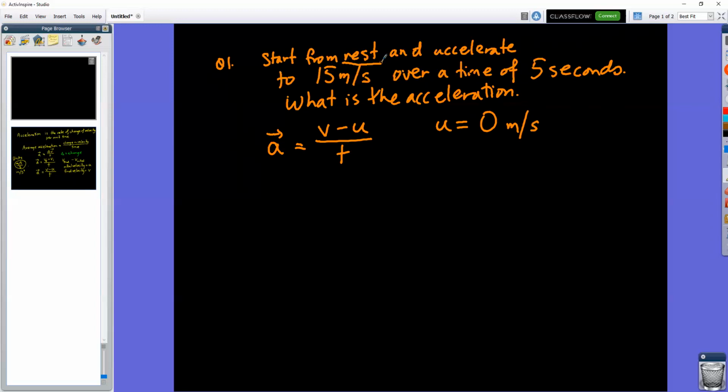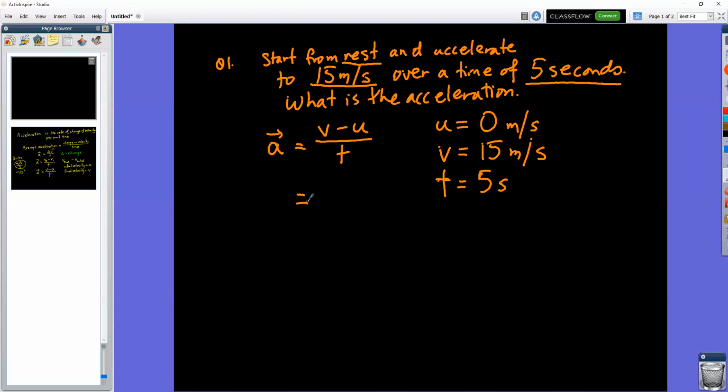Rest means we're not moving. v, our final velocity, is the velocity that we reach after 5 seconds, which was 15 meters per second. And the time it took us to get there was 5 seconds. All our units are okay, so all we have to do is substitute them in.